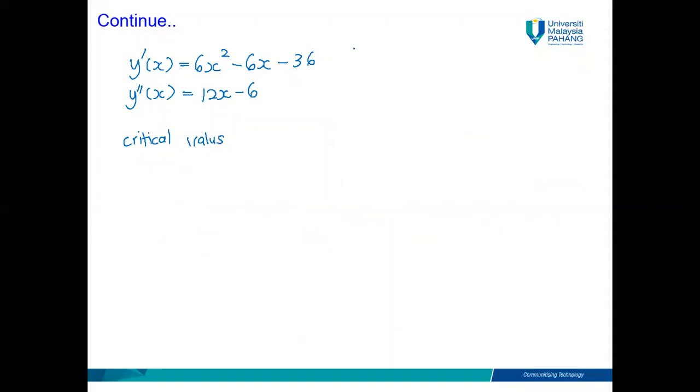So we go back to critical values, we have 3 and negative 2. So for second derivative, kita masukkan the critical values into the second derivative test. Ingat jangan confuse. At x is equal to 3.